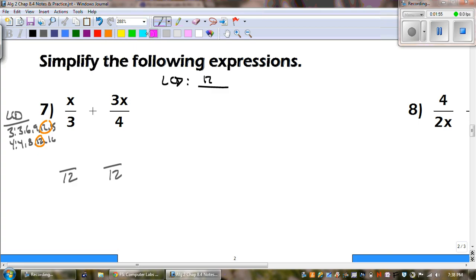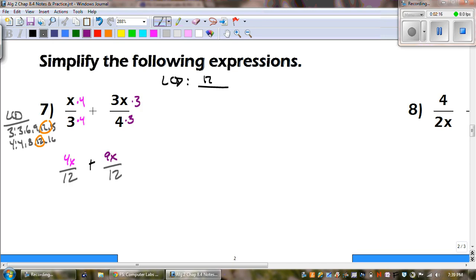To get to 12, I have to multiply the 3 by 4, so I have to multiply the x by 4. So we get 4x plus, and on the right, we have to multiply by 3, so 3x times 3 is 9x.